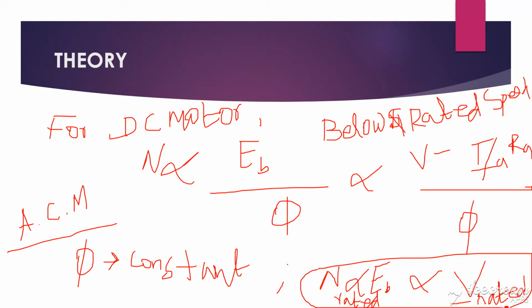After that, we have already applied rated voltage, so further we can't increase the voltage. We can only reduce the voltage to some extent, so automatically while reducing the voltage, speed is reduced only below the rated speed. So with this method, speed control below rated speed is possible.